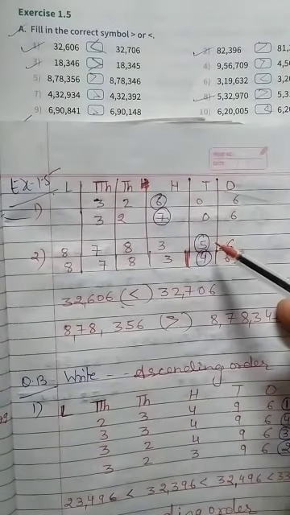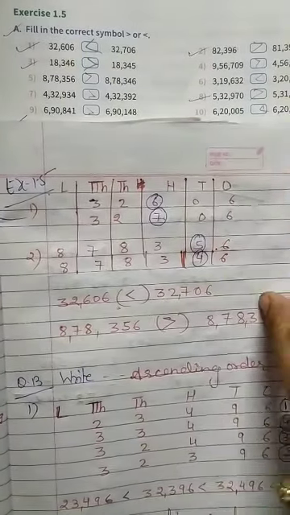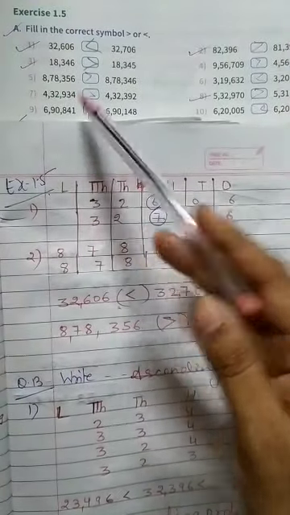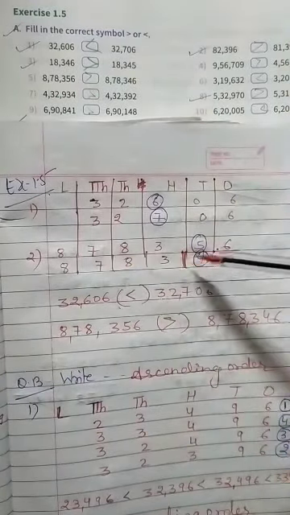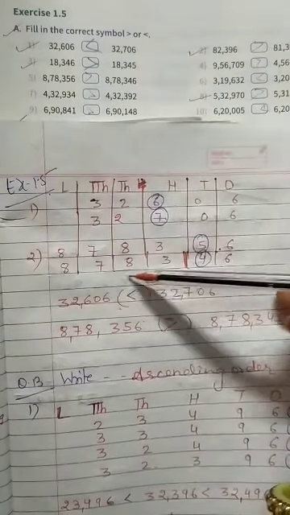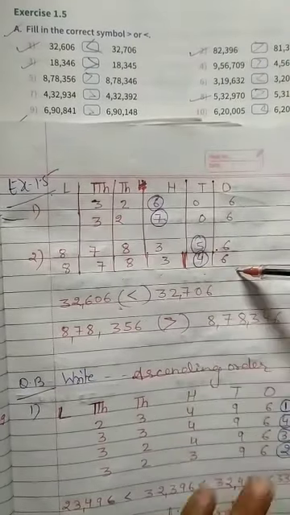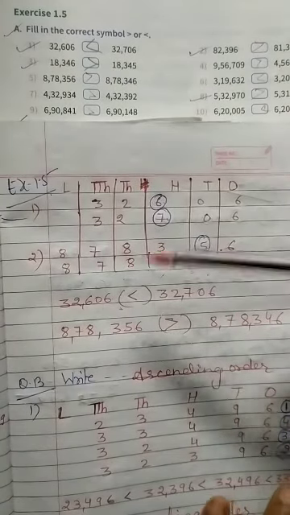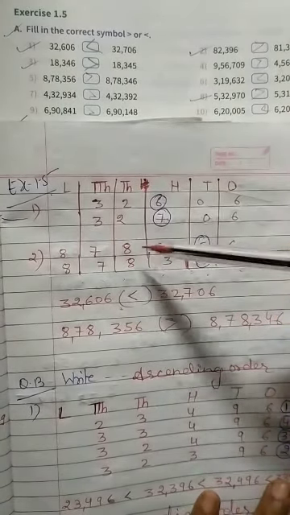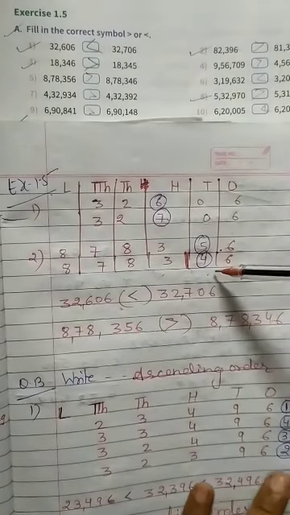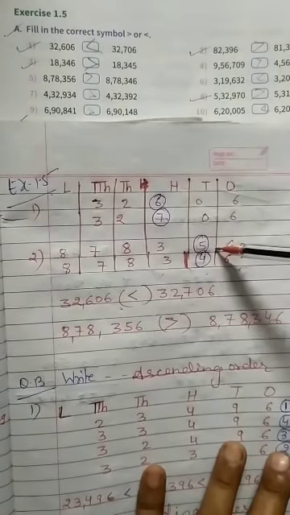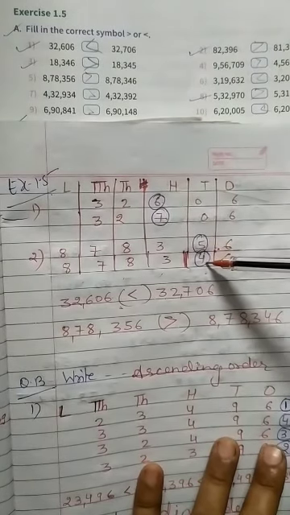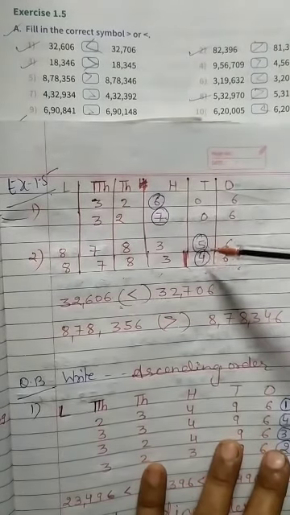Now take another question: 8,78,356 and 8,78,346. All digits are the same in these two numbers, but the place value of tens, the numbers are different. 5 is greater than 4.